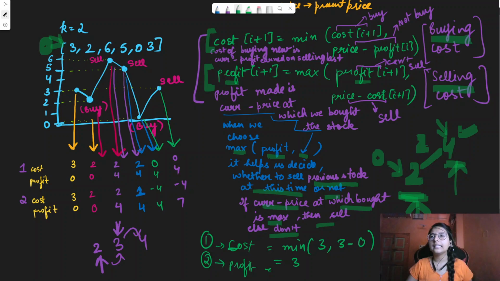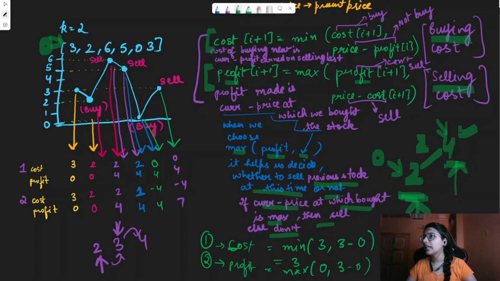So here we can see that at this particular moment we don't have any profit yet, right? Because this is the first stock which we bought. So the profit is basically the maximum out of 0, comma price minus profit of I. So price is basically 3 only, right? And the profit of the previous one is 0. So out of this the maximum comes out to be 3 minus 0.